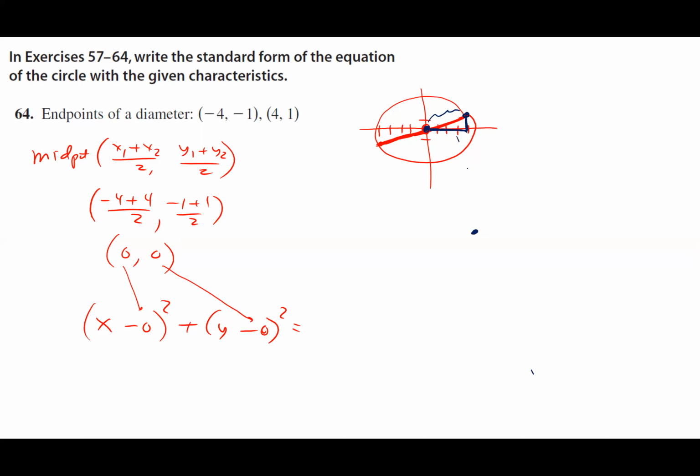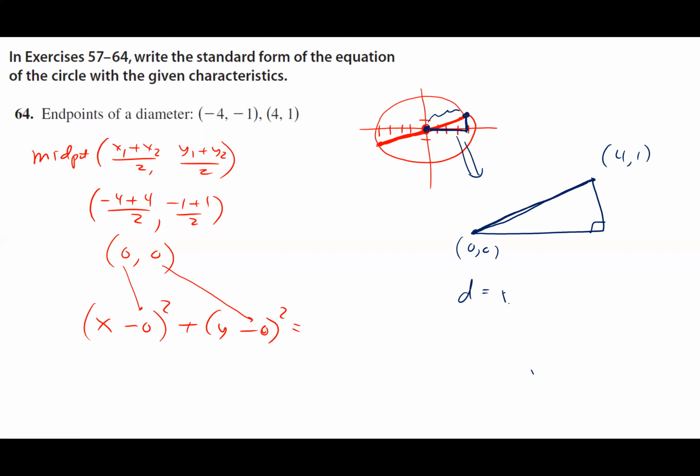Let me enlarge this real quickly. This is 0, 0. This is 4, 1. And the question is, what is the length of this line? Pythagorean theorem, or the distance formula. That's right.